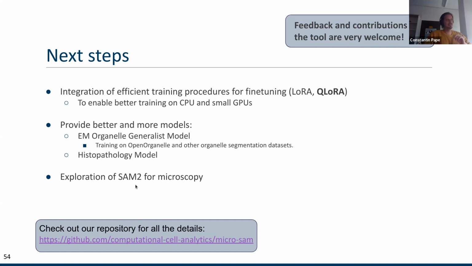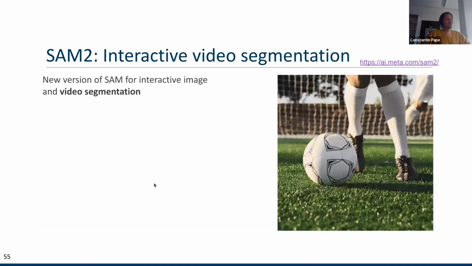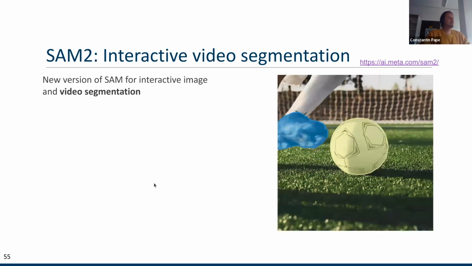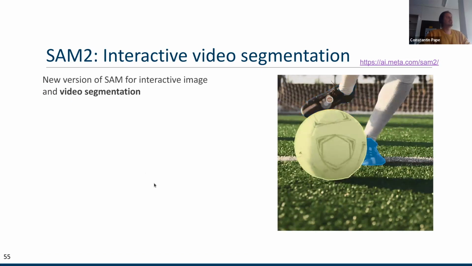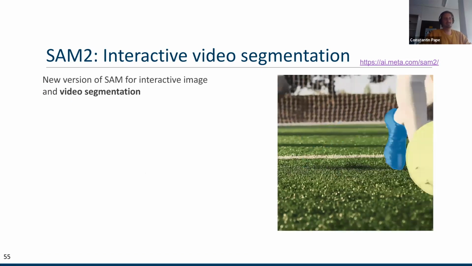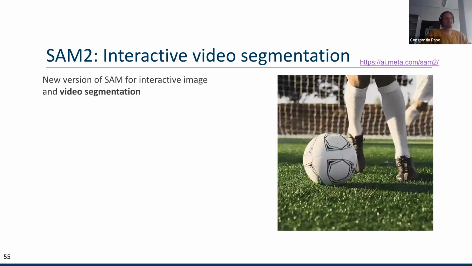And of course, maybe some of you heard this, a few months ago the SAM2, the second version of Segment Anything, was published by Meta, and we are also exploring this for microscopy now. Just to give a brief teaser, SAM2 is a model for interactive image and video segmentation. Its capabilities are shown here in this clip.